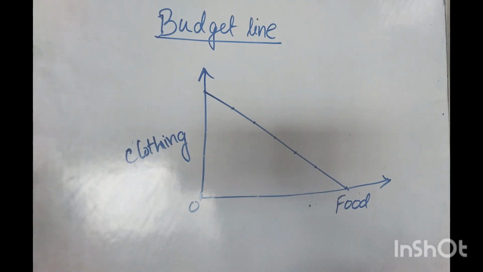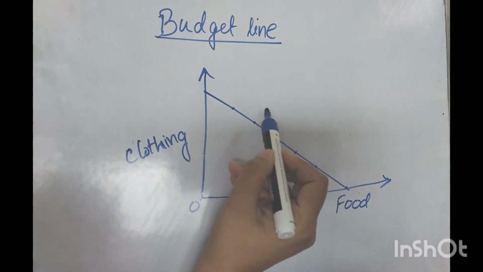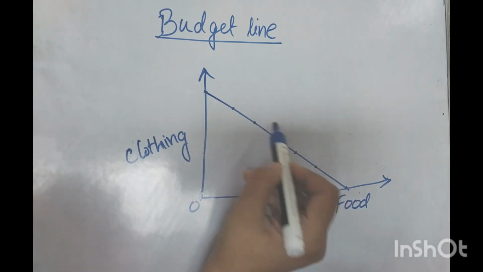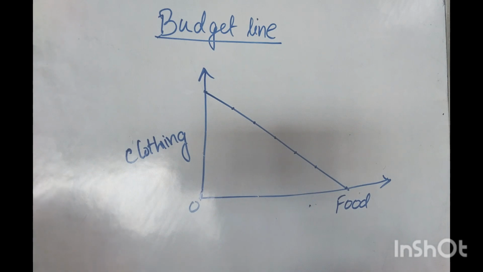What does the budget line show? The budget line shows various combinations of two goods. This is one combination, this is one combination, this is one combination. Here we have measured two goods, food and clothing, which can be purchased with a given budget.